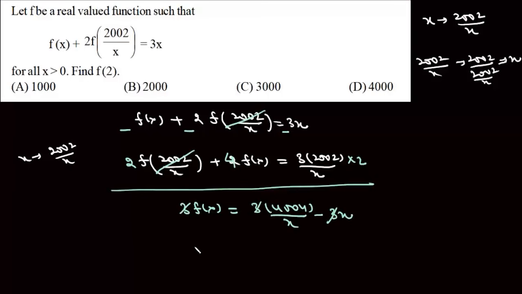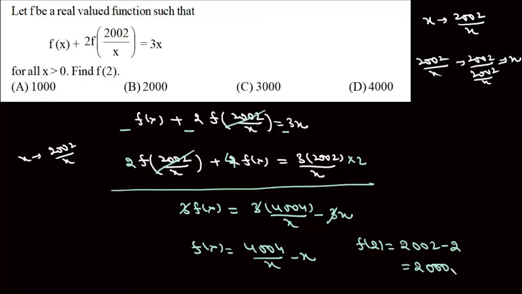This 3 will also cancel. So we'll get our function f(x) as 4004/x minus x. Now we need to find the value of f(2). So this f(2) will be 4004 divided by 2, so it will be 2002 minus 2. So f(2) is simply 2000 and that's your option B.